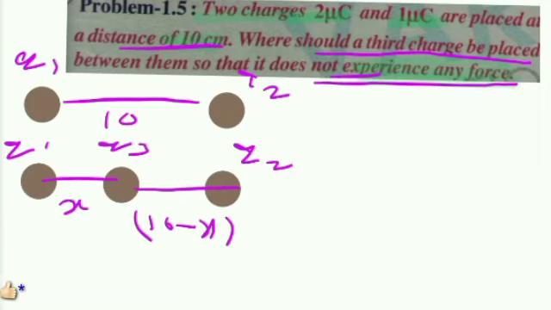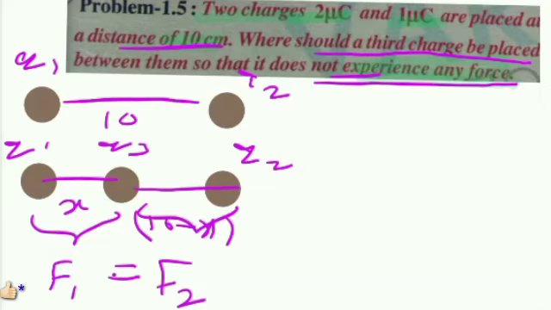The forces from these two, F1 and F2, are both equal, because Q3 experiences no force. Right? F1 is equal to F2.